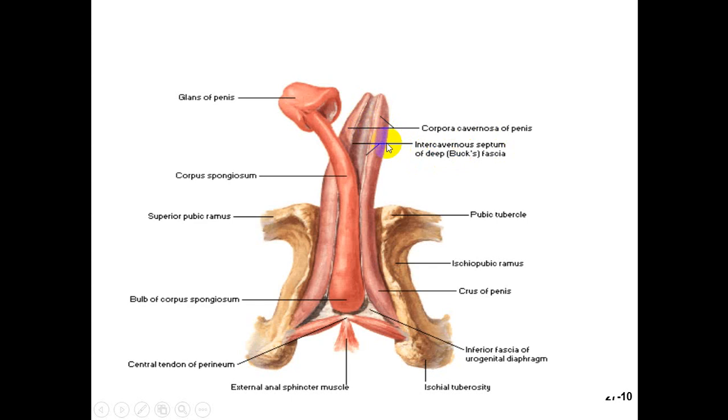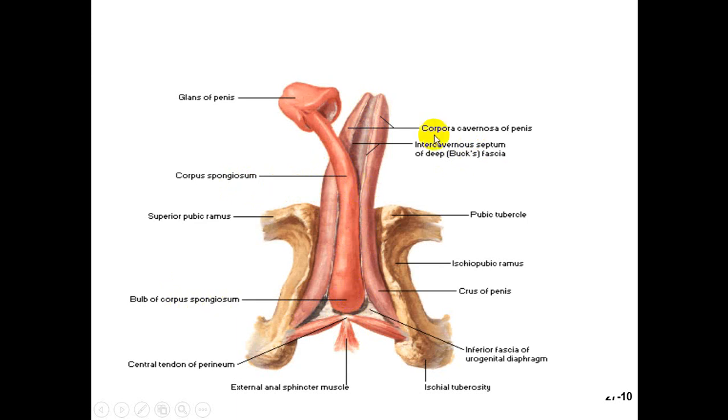A septum is just a barrier or a separation that separates the two erectile muscles. We also have the corpus spongiosum. It's over here, and that is what the urethra goes through, and the bulb of the corpus spongiosum is buried over here.